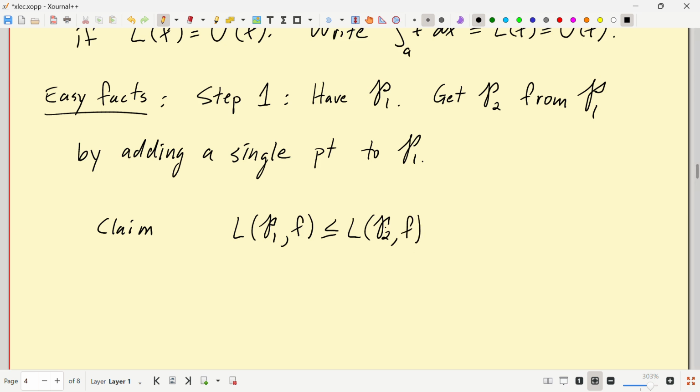And of course, we know that the lower sum is less than the upper sum for P2. The only new thing is this one, and this one we already know.